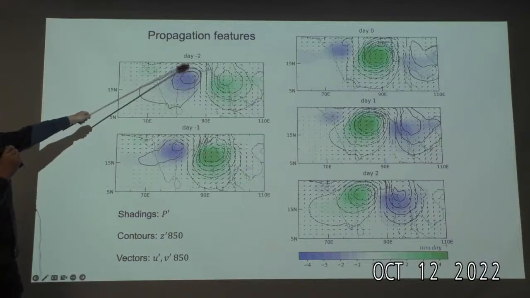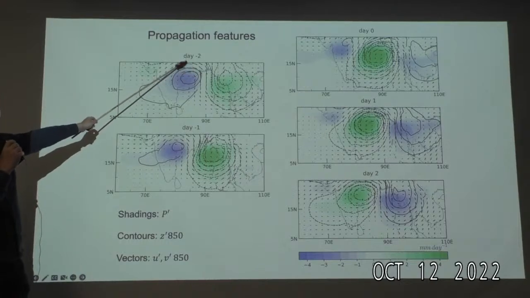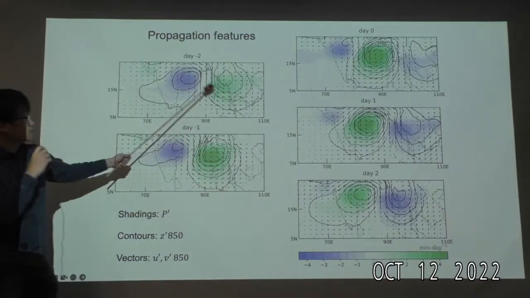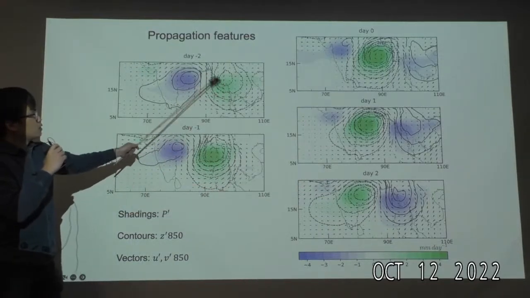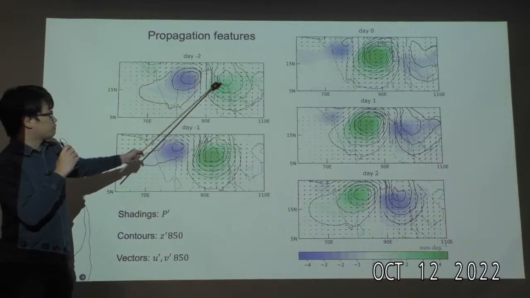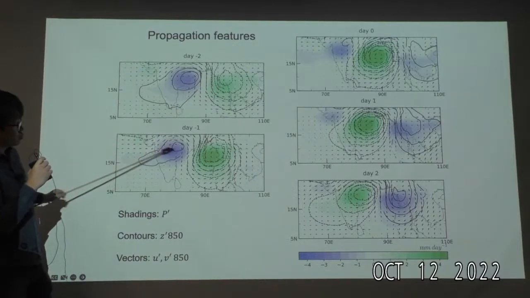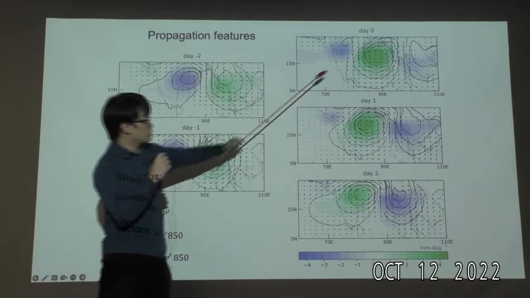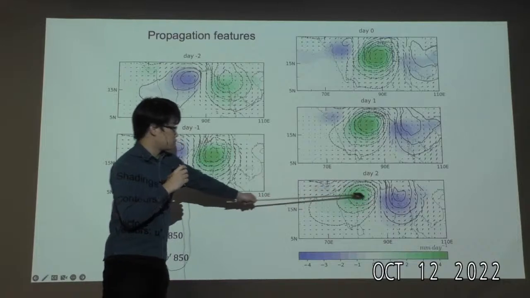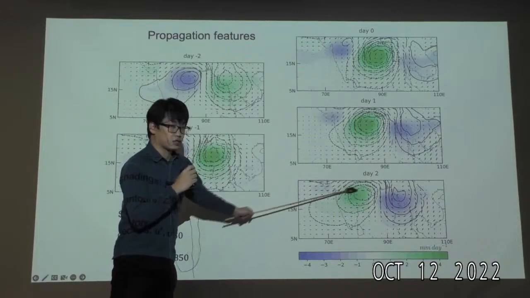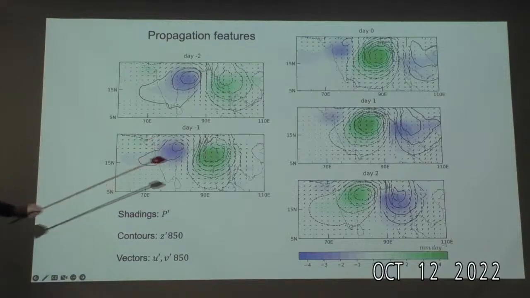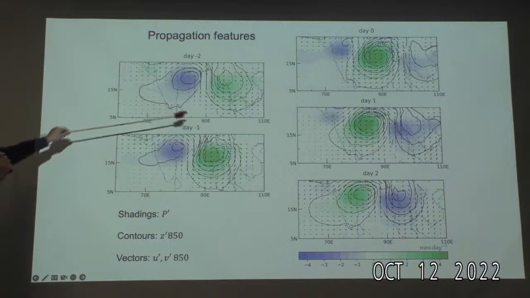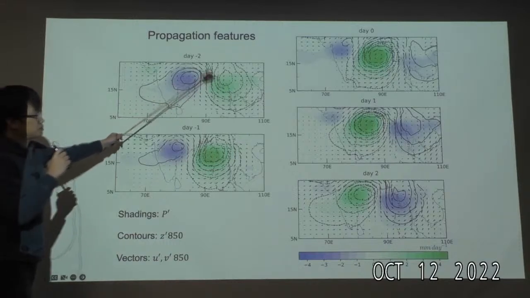You can see that from 2 days before the maximum signal day, which is day 0, to 2 days after, the system is forming in the east part of the Bay of Bengal and moves all the way westward, from day -2, day -1, day 0, day 1, day 2, to central India. And you can also see that the geopotential is in phase with the precipitation.